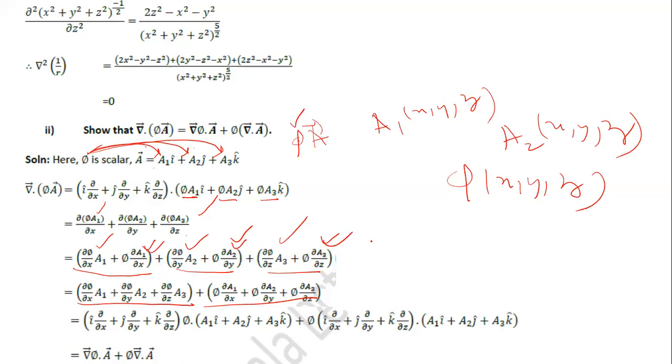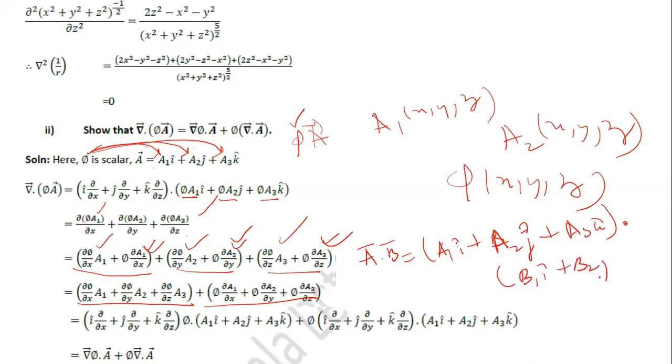Like I explained before, if you have two vectors a and b, a1 i cap plus a2 j cap plus a3 k cap, dot product with b1 i cap plus b2 j cap plus b3 k cap, then the dot product gives a1 b1 plus a2 b2 plus a3 b3.